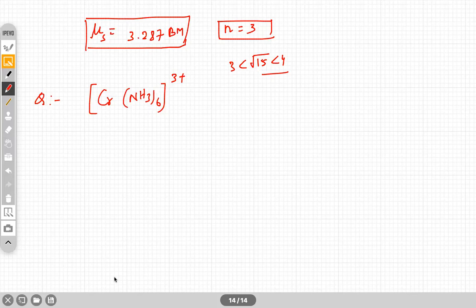Sir, what is the chromium configuration? Chromium electronic configuration. Yes, sir, 4s1 3d5. You should know it. Argon 4s1 3d5.